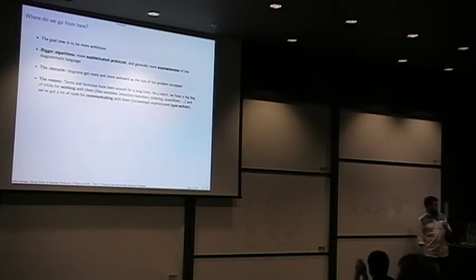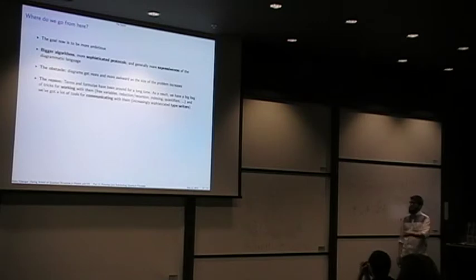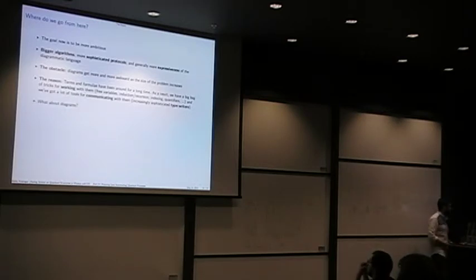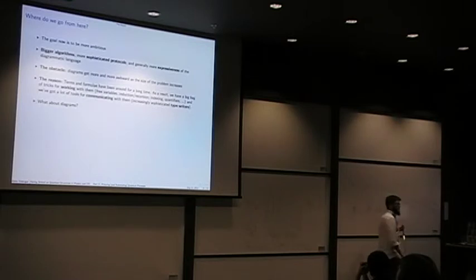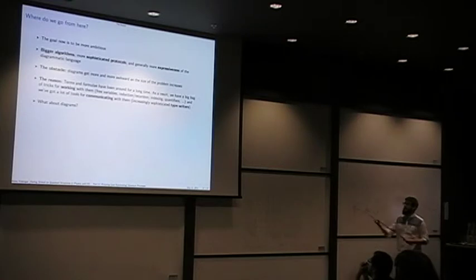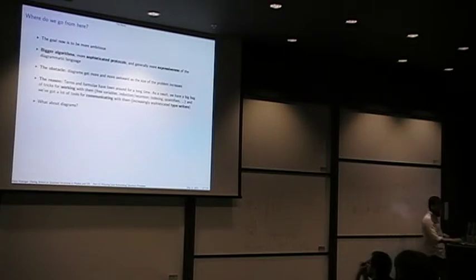We've also got good tools for communicating about terms and formulas: typewriters have been around for a while, but also LaTeX and whatnot. But what about diagrams? The notation we're using has only been around since the 70s. So making this stuff work better has a lot to do with coming up with the right tools for working with diagrams.